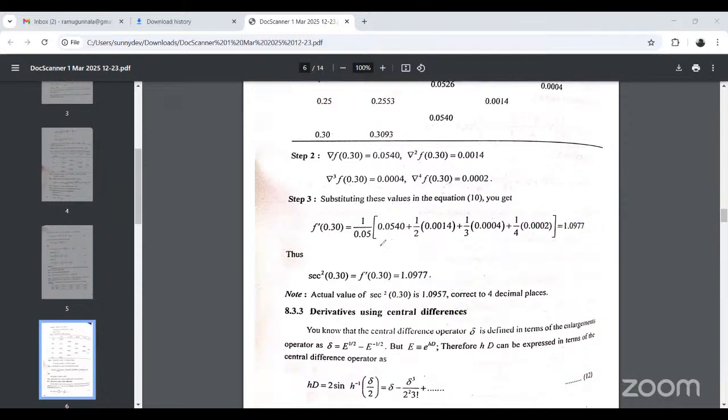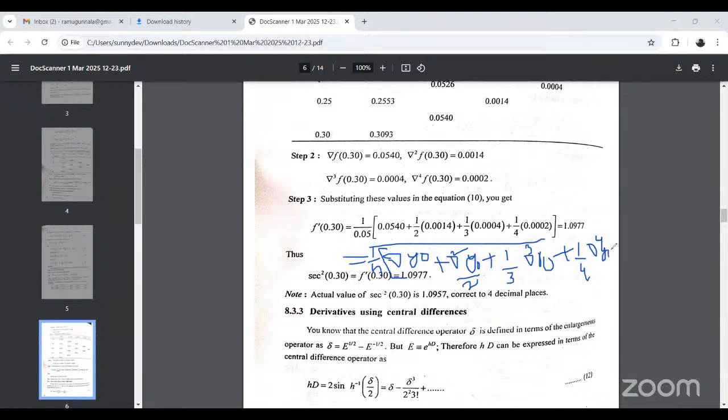We have that formula, no? 1 by h into nabla y naught plus nabla square y naught by 2, and 1 by 3 into nabla cube y naught, plus 1 by 4 into nabla 4 of y naught.